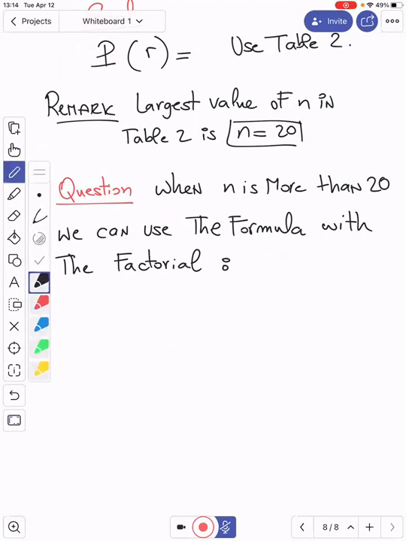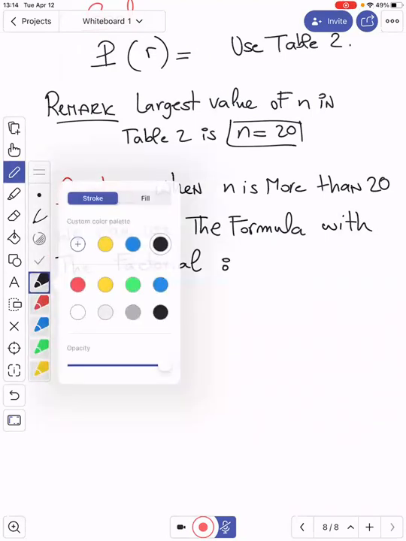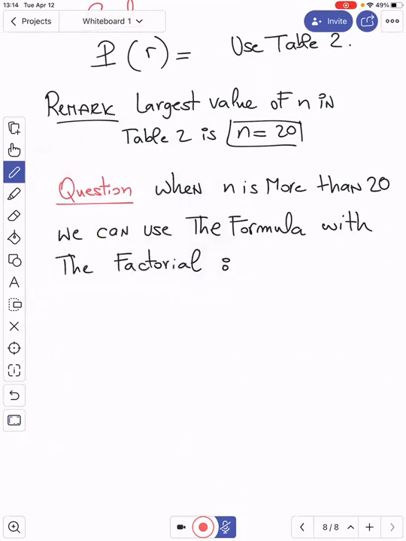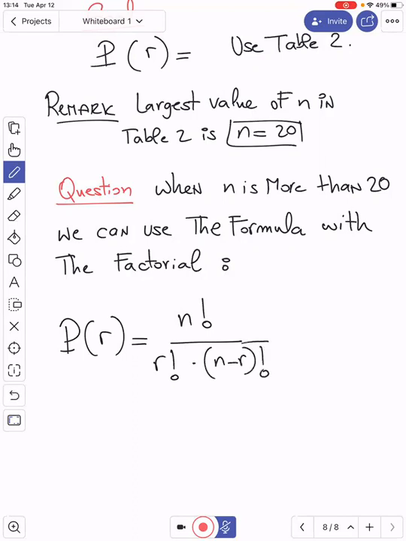I'm just saying that if you cannot use the table, then in theory we can use the formula with the factorial, which is the following. The probability of R successes is equal to n factorial over r factorial times n minus r factorial, times p to the power r, the probability of success, times the probability of failure q to the power n minus r.